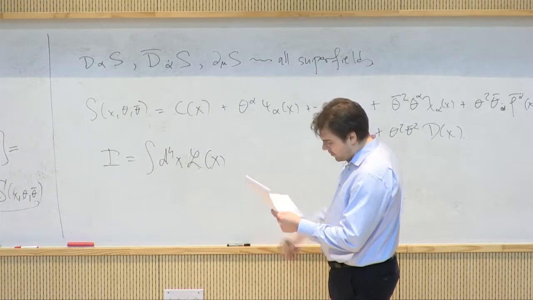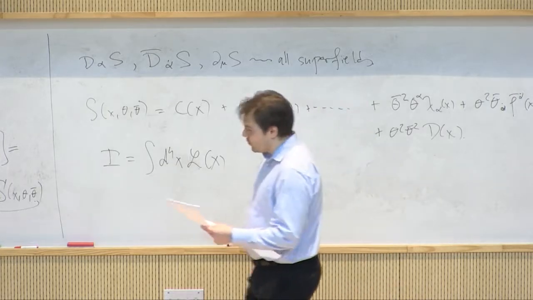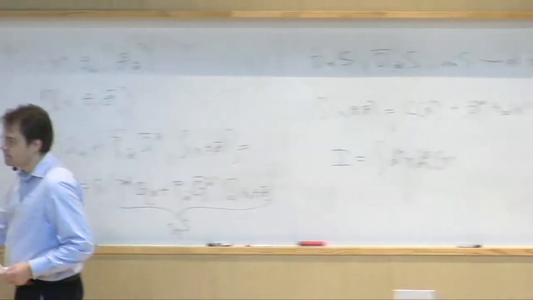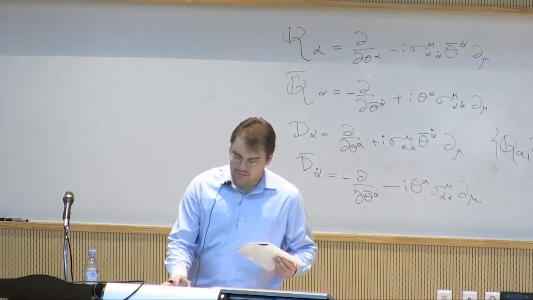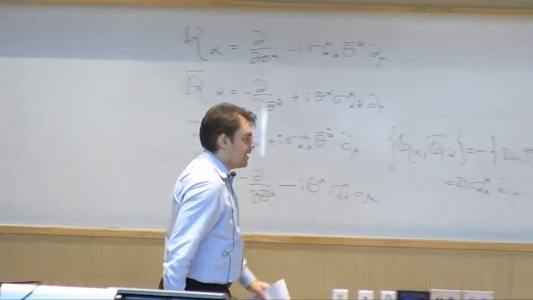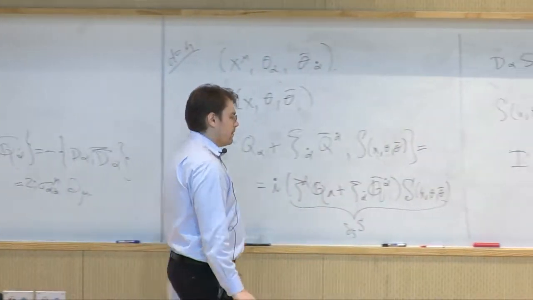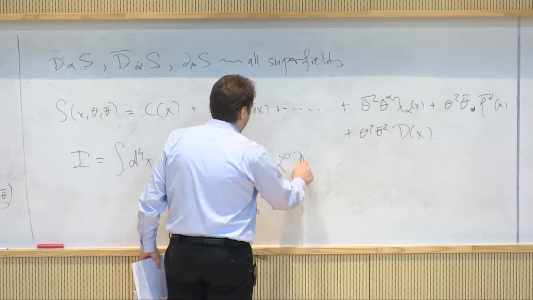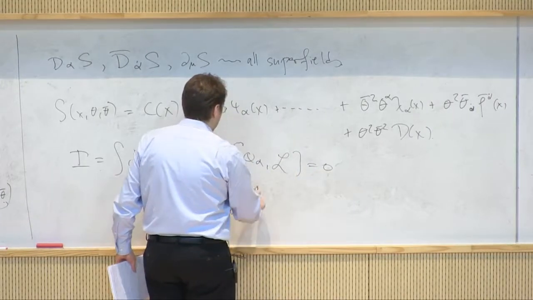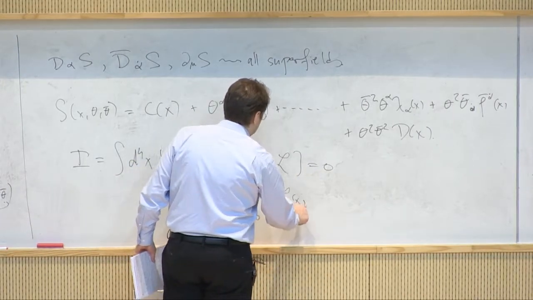And we would like this action to be invariant under the Q's and the Q bars. So naively, you might think that what you should do is pick a Lagrangian that is invariant under the action of Q's and Q bars. So you might want to impose Q of L is 0 and Q bar of L is 0.